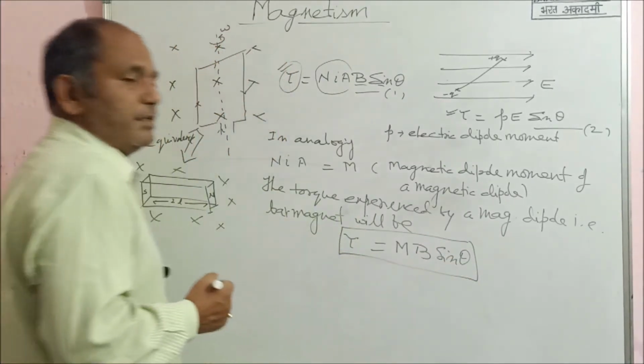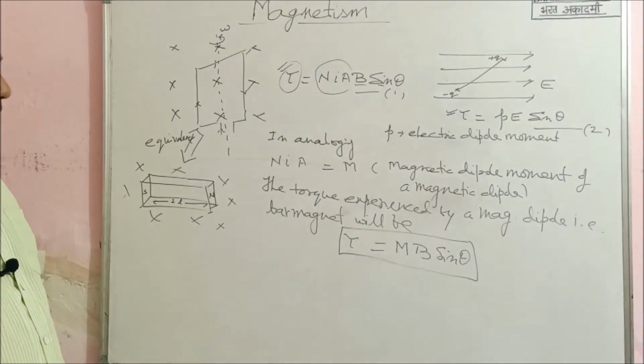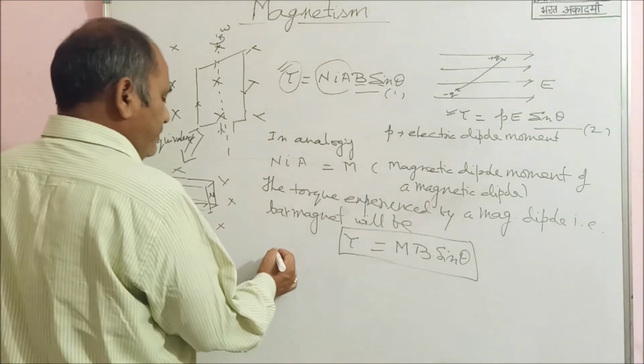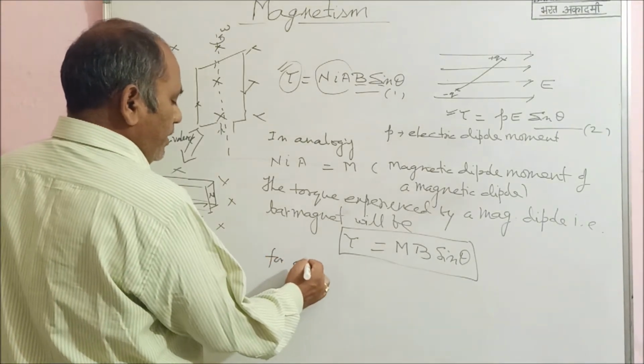Just by comparison we got this one, right? Where M is NIA. But if I use this bar magnet, what will be M for a bar magnet?